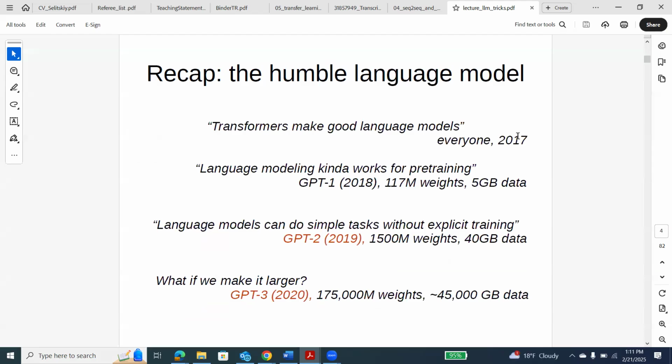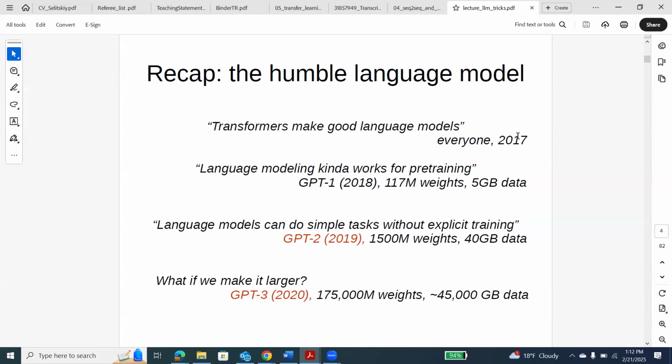So let's talk about the size of the models. Next week we'll talk about the GPT model, but let's just look at the sizes. For the first model, GPT-1, the size was 100 million weights, and it was trained on 5 gigabytes of data.